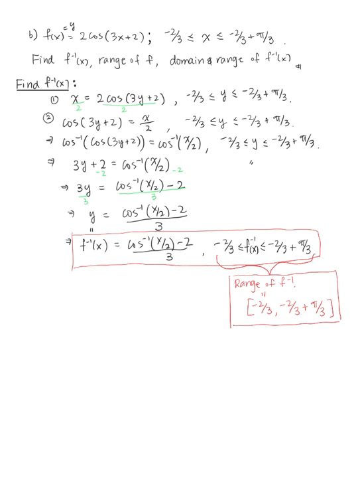Okay, now next, let's find the range of f. To find the range of f, we're going to do pretty much the same thing as what we did in part A. So we need to solve y equals 2 cosine of 3x plus 2.